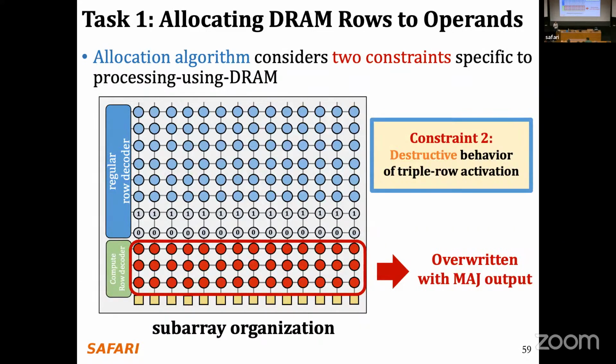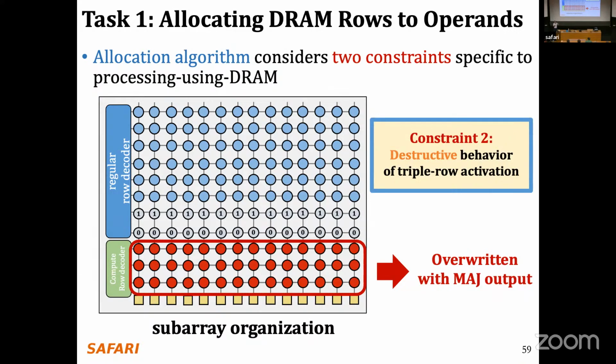During the read operation, you activate 3 rows. Yes. But during the write, you activate only 1 row, right? So the 3 of them, you are going to write the same data. So when you activate 3, we both read and write, because the process is destructive, right? And the 3 rows are all open at the same time. So I didn't show a diagram of how this works in DRAM, but basically you can think of this over time.